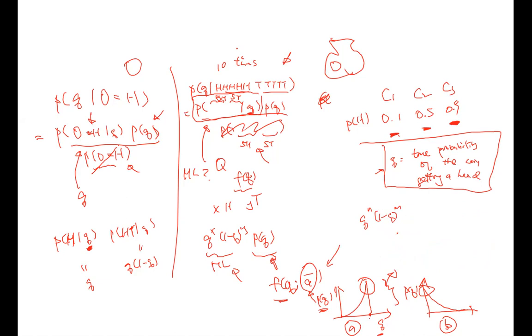So this should be equal to this, over the integral of Q to the N, 1 minus Q to the M, dQ from 0 to 1. Note that Q is a probability itself, so it can only lie between 0 and 1. So I define this P(Q) to be this when Q is between 0 and 1. Otherwise, it's equal to 0.